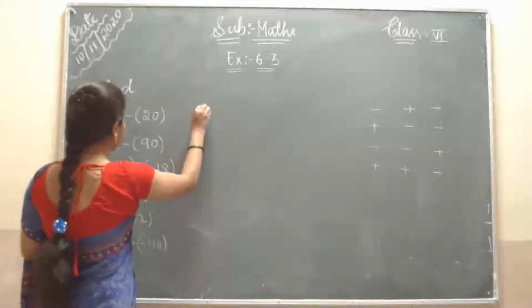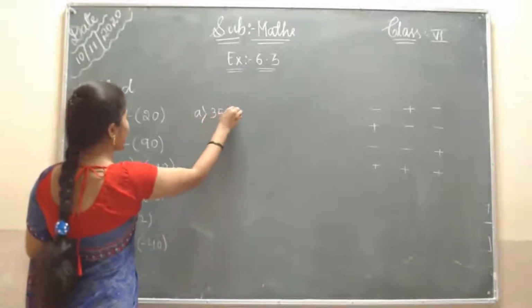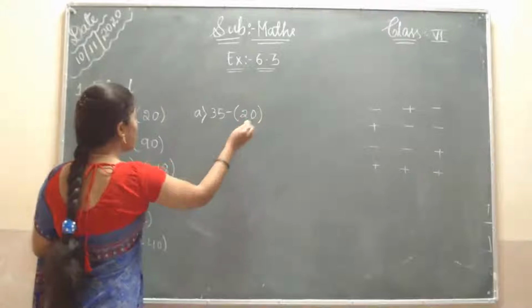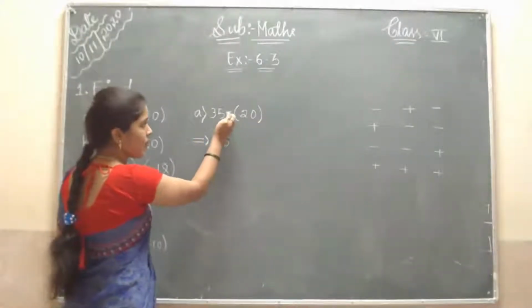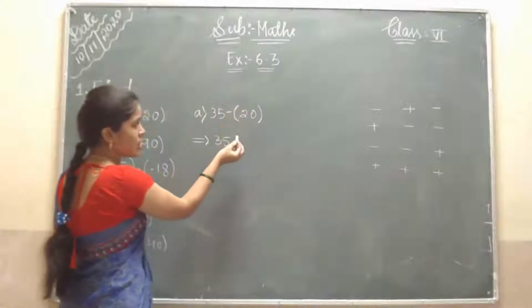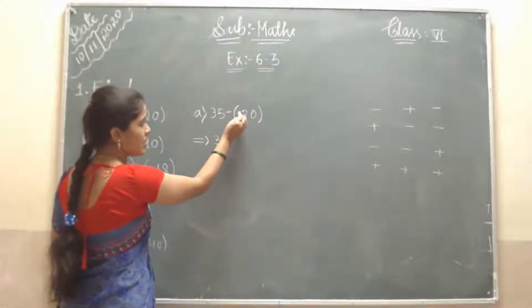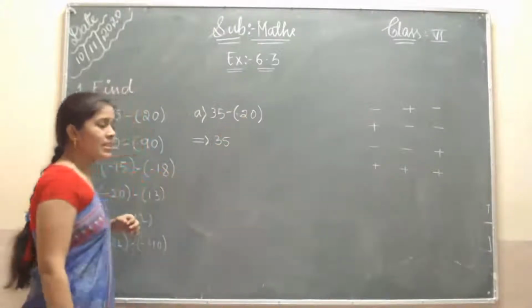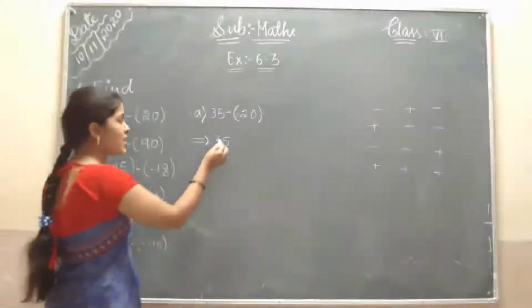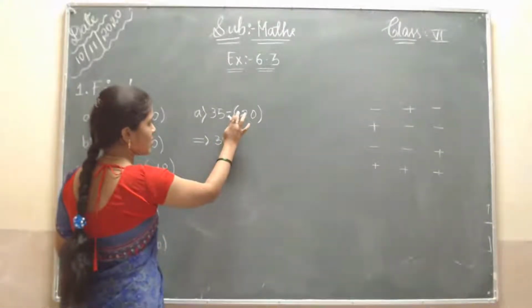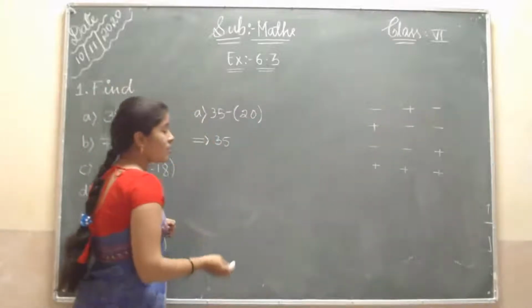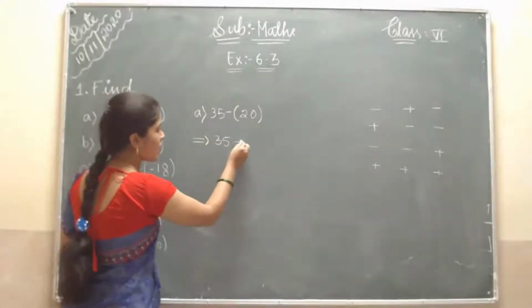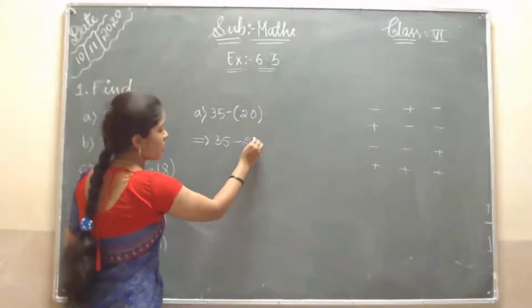First one, A: 35 minus of 20. Here 35 keep as it is, minus bracket means multiplication, minus of plus. If there is nothing written, we consider it a positive integer. So plus, minus gives minus 20.